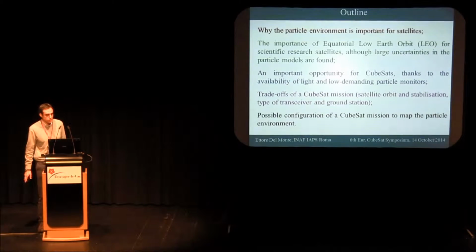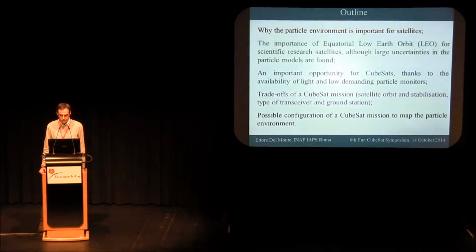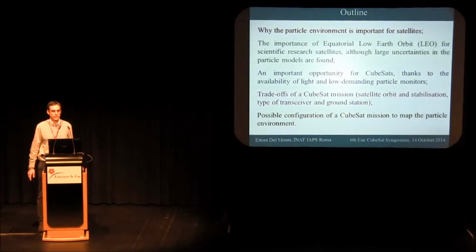This is my outline. I will tell you briefly why it is important to study the particle environment related to satellites, and in addition, why the equatorial low Earth orbit is important for satellites and especially for scientific research.